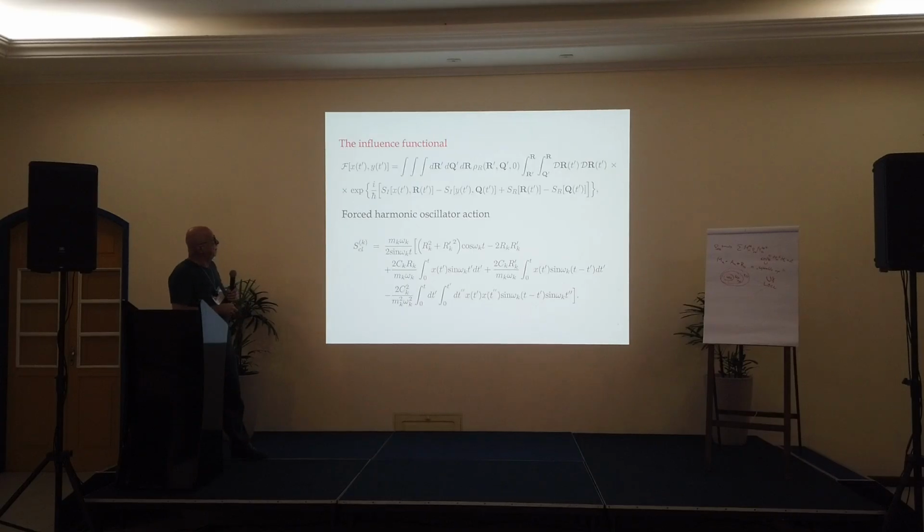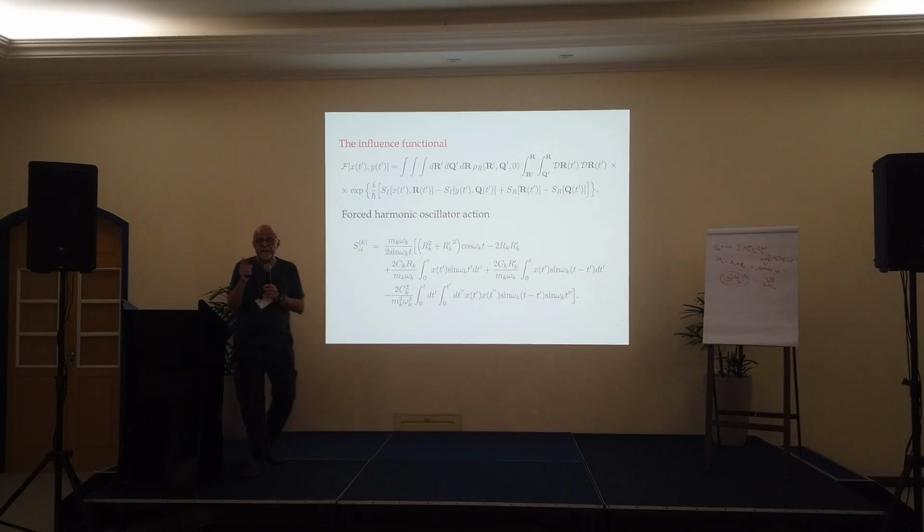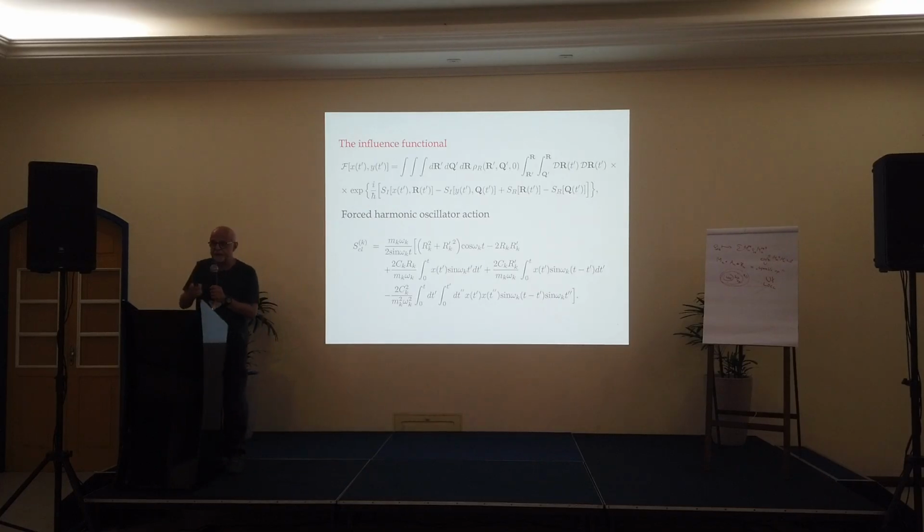Now, let's go back to that horrible thing. I have to compute actions, but now I have to compute actions of forced harmonic oscillators, and you can do that classically. The advantage here is that I can always play with these, and what I need to do is to compute the classical action and exponentiate it.